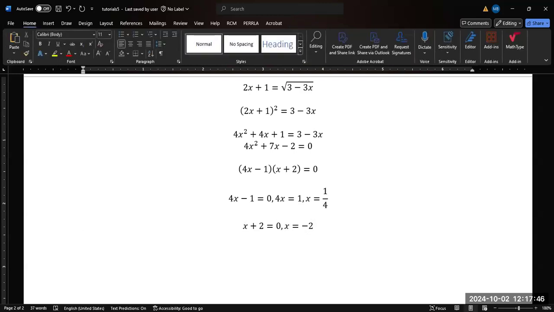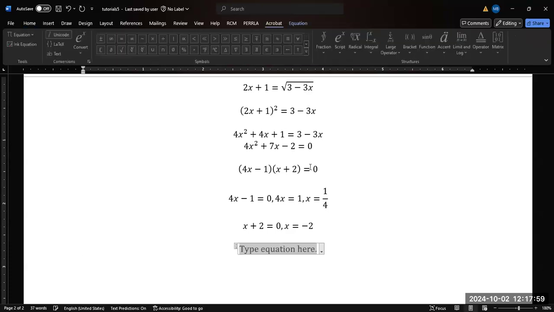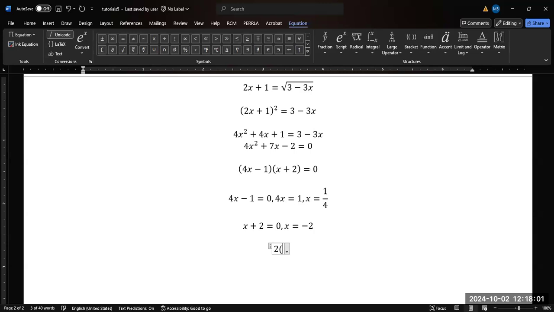Now, we do have to check both solutions. We can't just assume that one or the other is right or that they're both correct. We have to check them in the original equation, not after we've squared it, in the original equation. And so when we do that, 2 times 1/4 plus 1 is going to be equal to the square root of 3 minus 3 times 1/4.